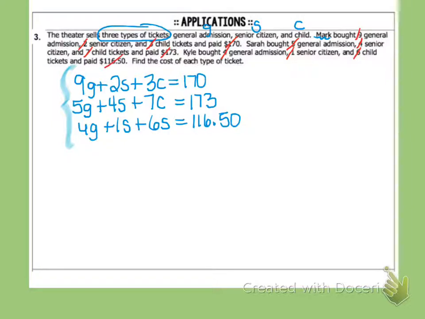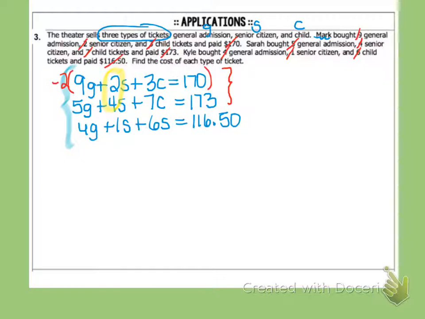So what we want to do to solve a system like this is, first of all, we want to be very careful, but we want to pick a pair of the original equations and just focus on 2 at a time. So I'm going to pick the first and the second, and then we want to decide on a variable to get rid of. And so I would like to try to eliminate the s's. And so currently one s is 2 and the other is 4. And that means what I'm going to do is go ahead and take this first equation and I'm going to multiply the whole thing by -2.